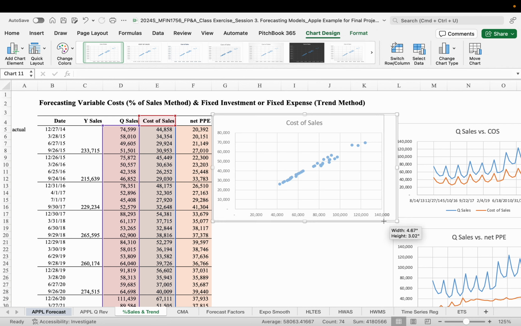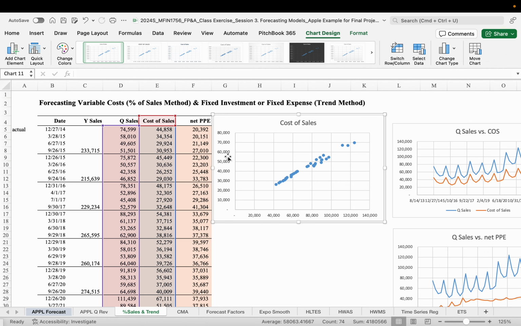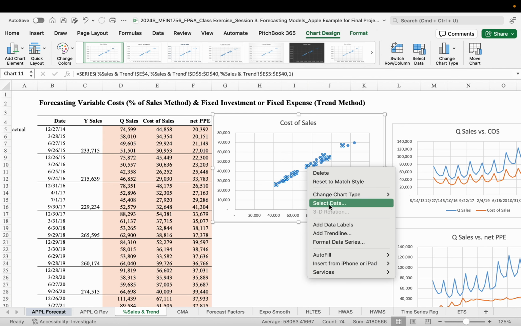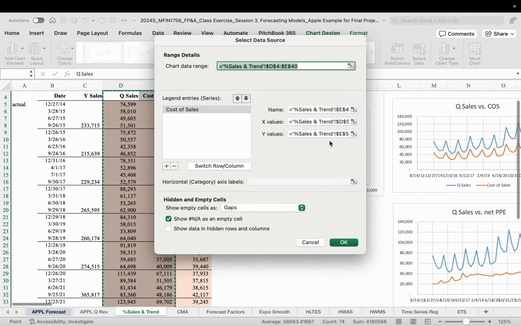And then I think if the sales affect the cost of goods sold, then we have to switch the data y and x-axis.